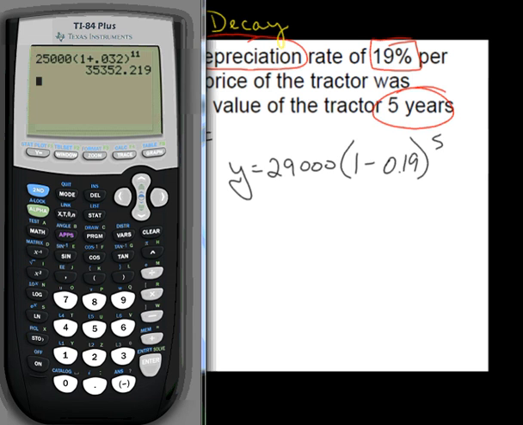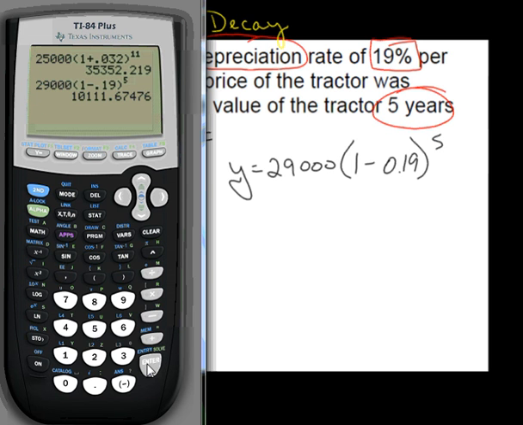I go and collect my handy-dandy calculator to help me out here. So here I'm going to do 29,000, parentheses, 1 minus this time, because it's a decay problem, 0.19, close my parentheses. My exponent this time is 5.